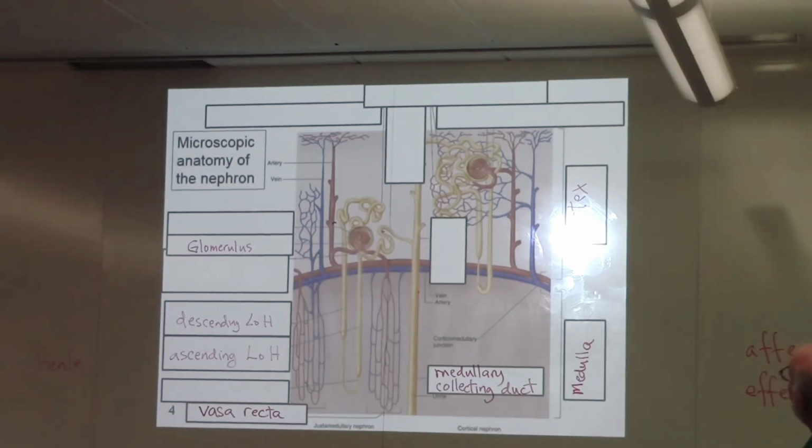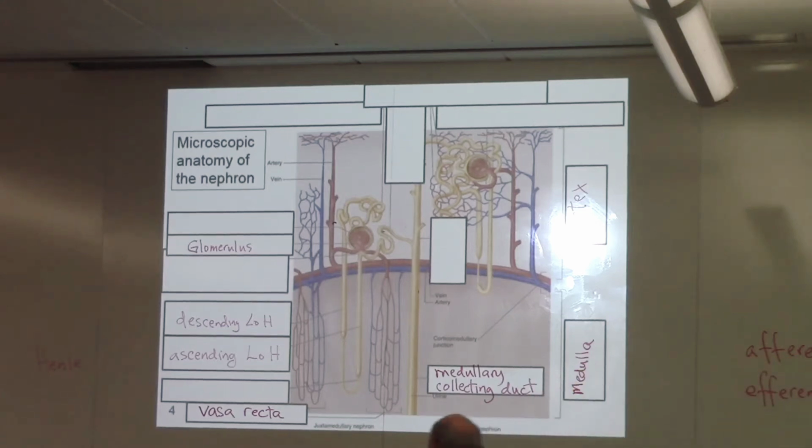Okay, we're almost there. What goes in, what is this? So, who's got the laser? Do you want to choose one, or do you want me to pick one for you? I can choose one. This is the Bowman capsule.